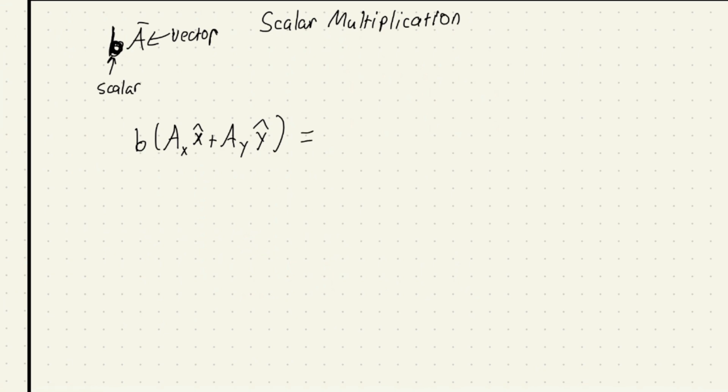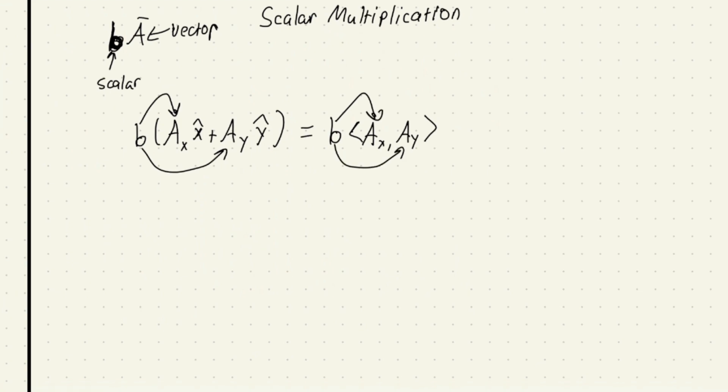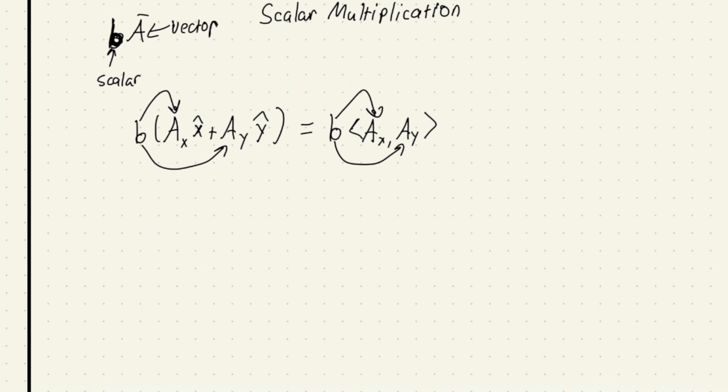We also have b scalar times ax comma ay, and we distribute this b to both terms, b times ax, b times ay, and it's the same thing for the angled bracket notation. So these two things mean the same thing. This is just one way of representing a vector, and the angled bracket notation is just another way of representing the same vector. They mean the same thing, but sometimes one is more useful than the other.